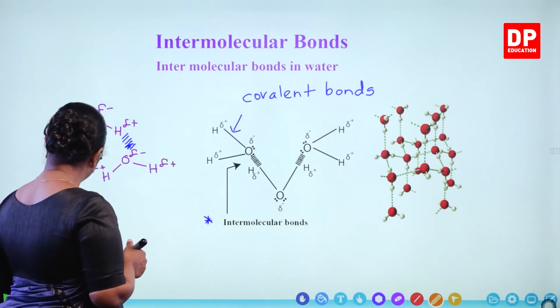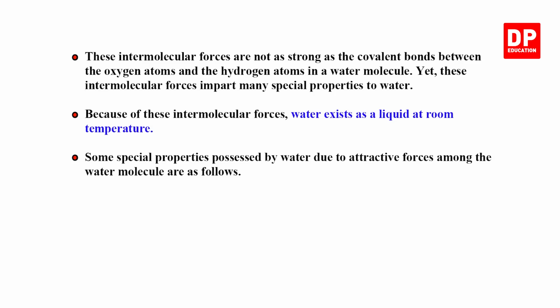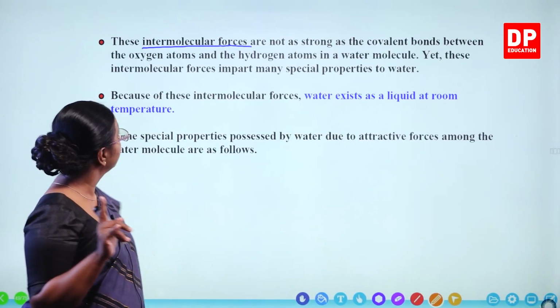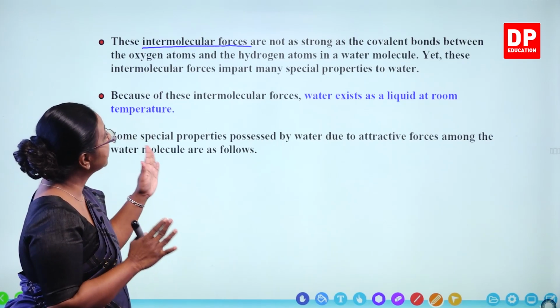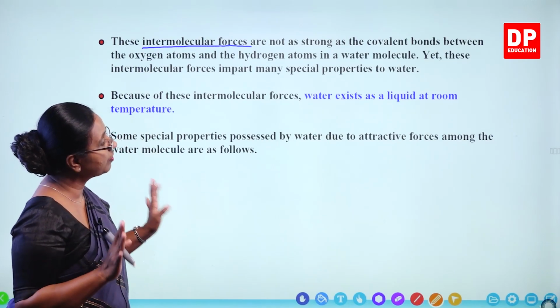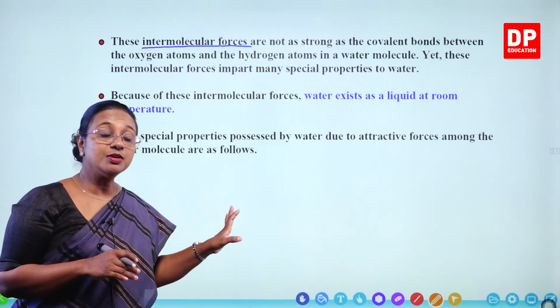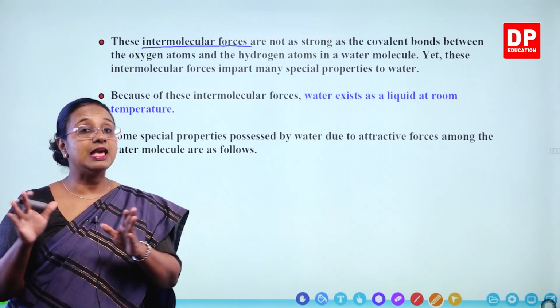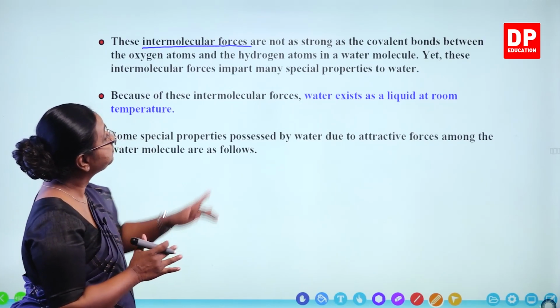Now we will move on to the next slide, where we discuss that these intermolecular forces, another name we can call them, or intermolecular bonds, are not as strong as the covalent bonds between the oxygen atoms and the hydrogen atoms in the water molecule. When you compare with covalent bonds, these are not that strong, but still they are somewhat strong.